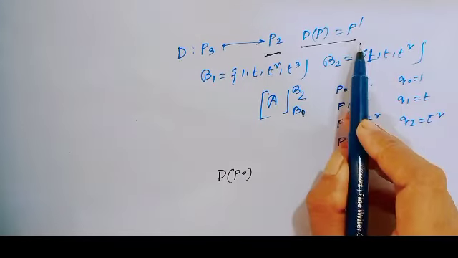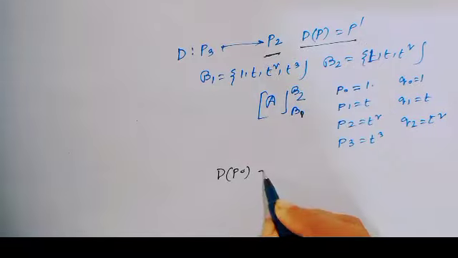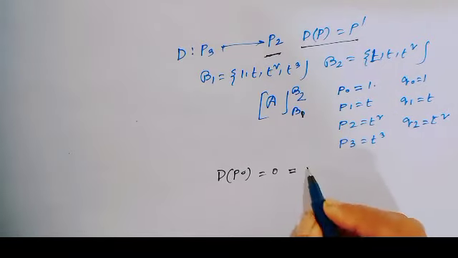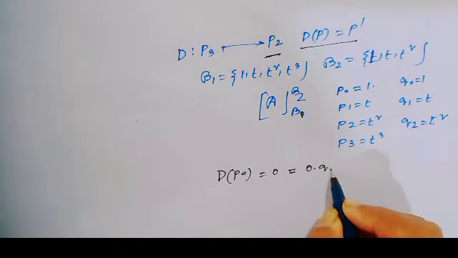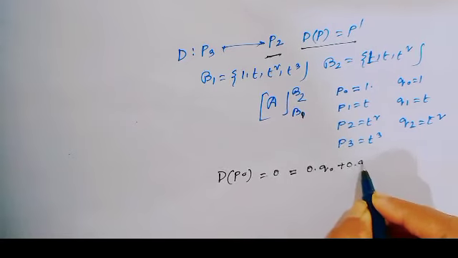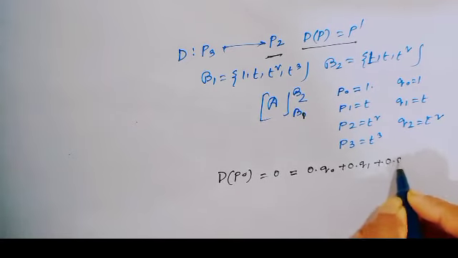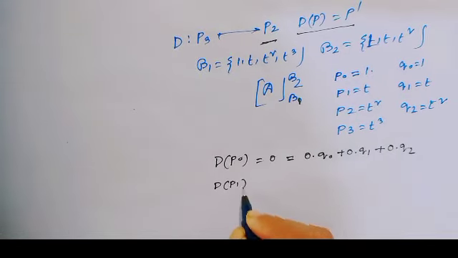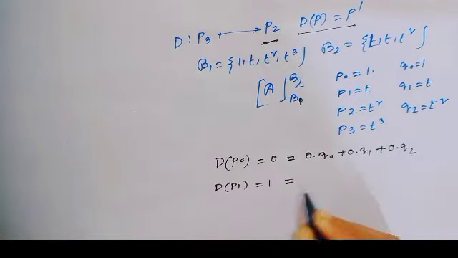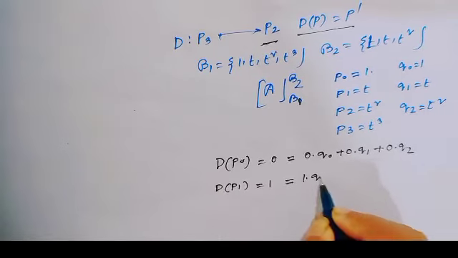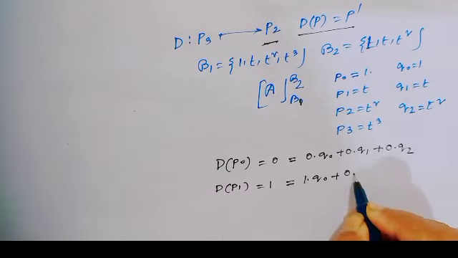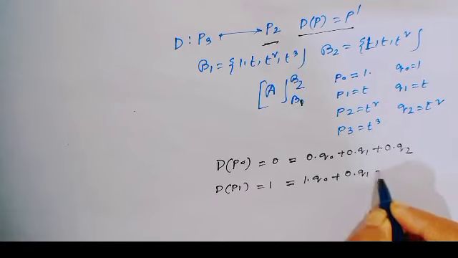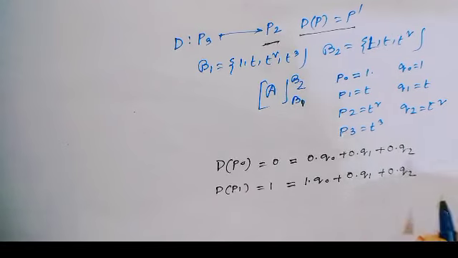Then dP0 would be, since the operator is defined as P prime, 0. Then we can write it as 0 times Q0 plus 0 times Q1 plus 0 times Q2. And dP1 would be 1, which we can write as 1 times Q0 plus 0 times Q1 plus 0 times Q2.